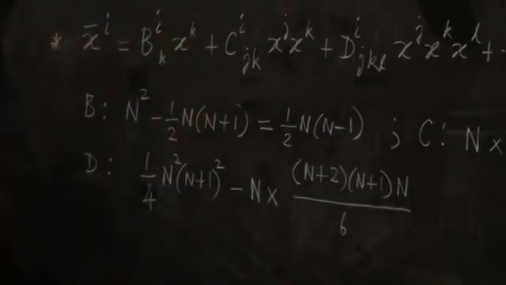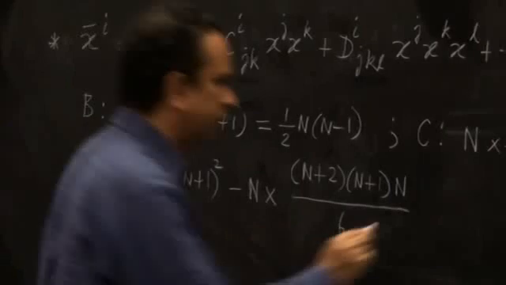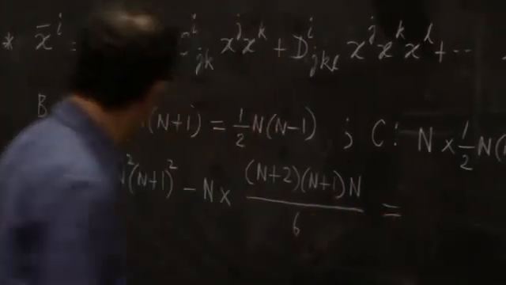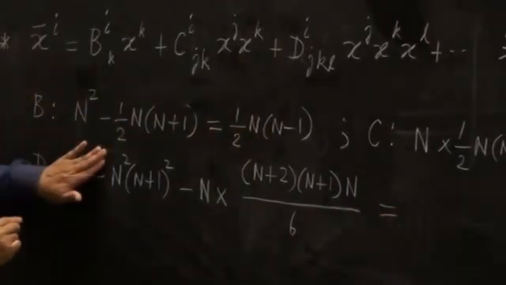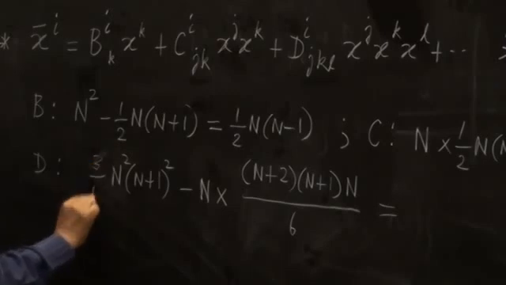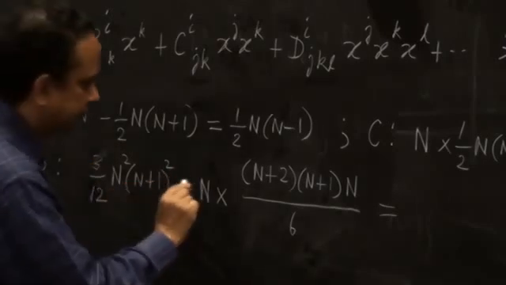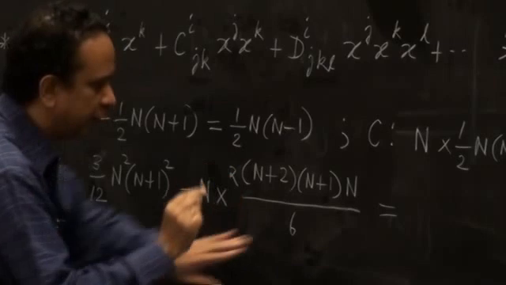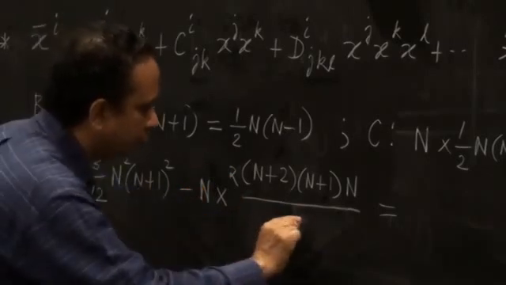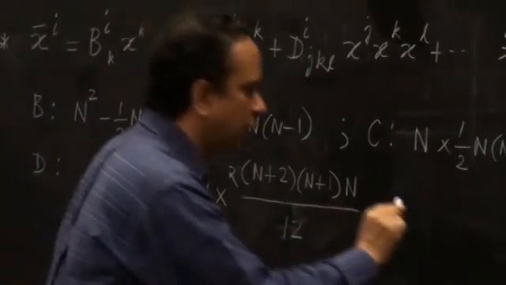This is the remaining factors. So let us try to simplify this. So this is 4, that is 3 by 12, and this 6 is 2 by 12. So this is 1 by 12.